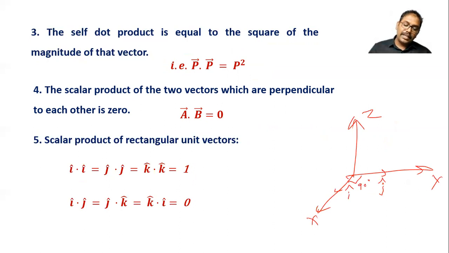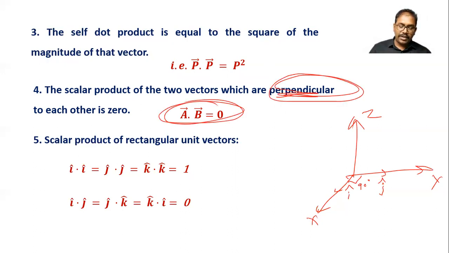If the angle is 90 degrees, then the scalar product is 0. Between j and k, k is along the z axis, and the y and z axes are again at a 90-degree angle, so it is 0. Again, between k and i the angle is 90, so the product is 0.